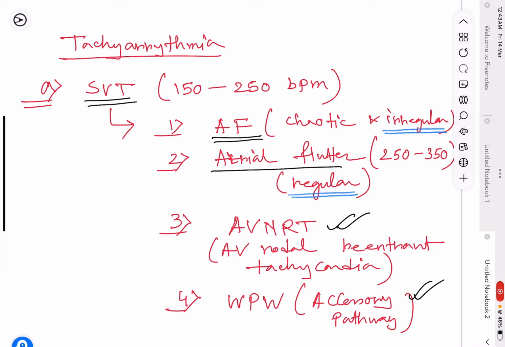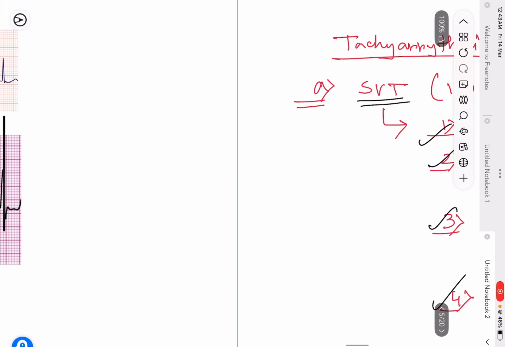Here, our teachers used to ask how many Fs are there in Wolff: W-O-L-F-F. These four are under supraventricular tachycardia: AF, atrial flutter, AVNRT, Wolff-Parkinson-White.